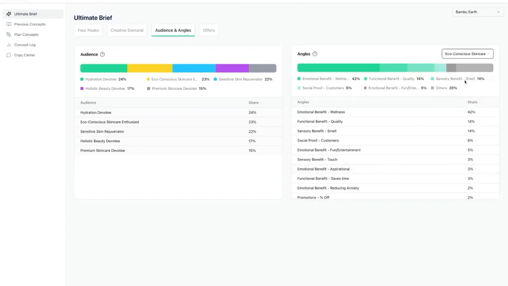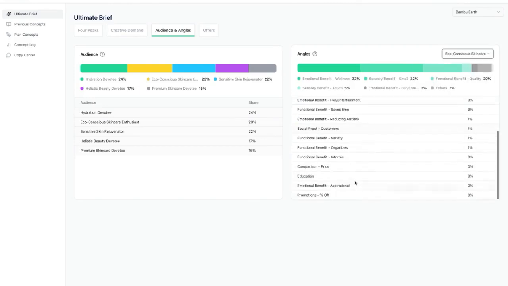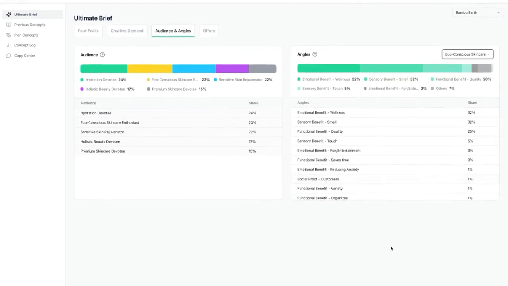But if I break it down by each customer, you'll see that the percentage allocation is different based on each customer type, right? So depending on who the customer is, as an example, the holistic beauty devotee cares more about social proof than does the eco-conscious skincare enthusiast, who doesn't seem to value social proof as much, doesn't reference it as much when they talk about their motivation for purchase.